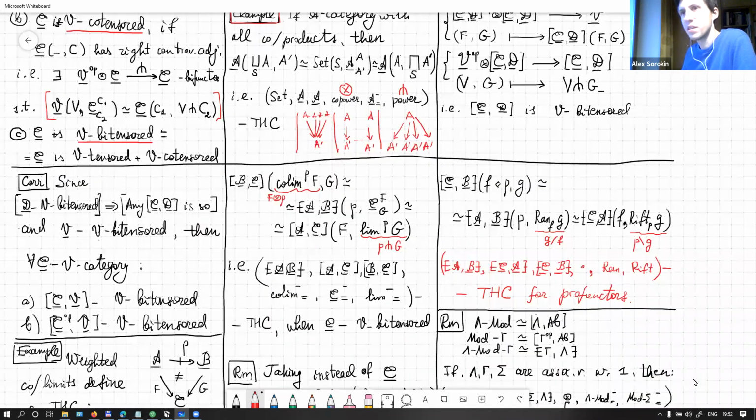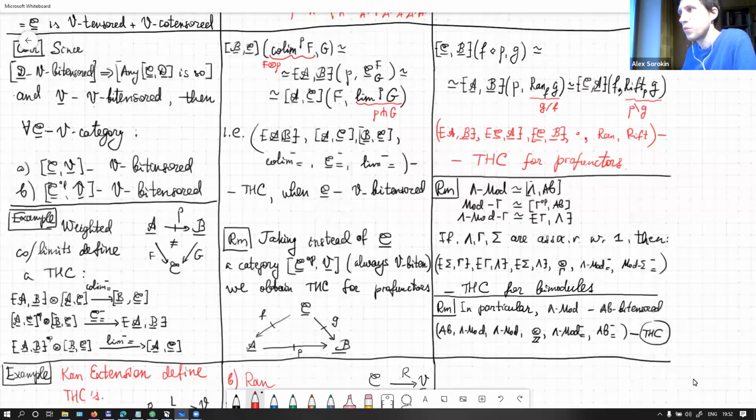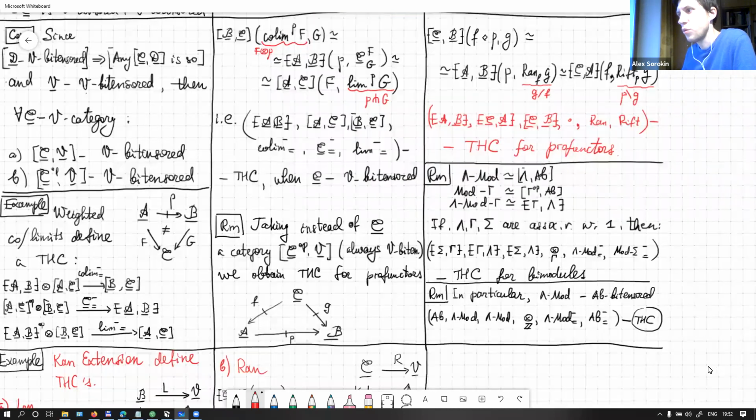Before the next group of examples, I will have something very small and quite obvious. It's a corollary. In this corollary, I am joining two facts from above. The first one is what I just said: if D is bitensored, then any functor category from C to D is so.